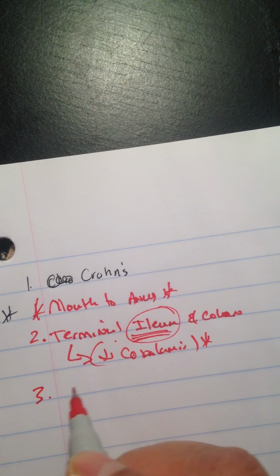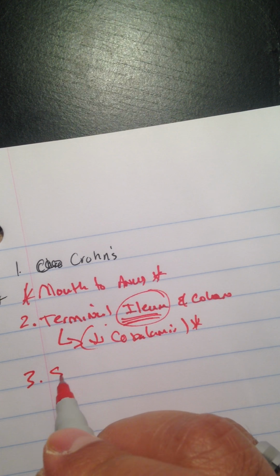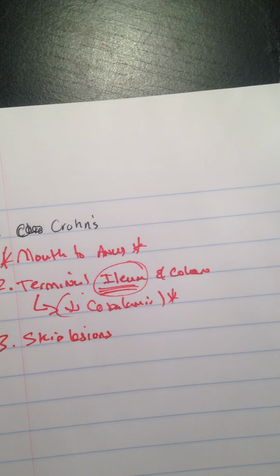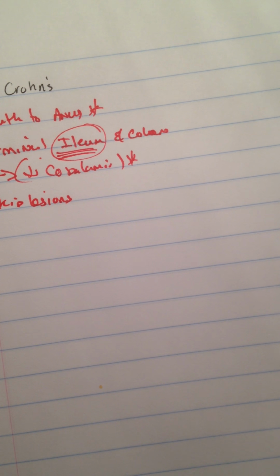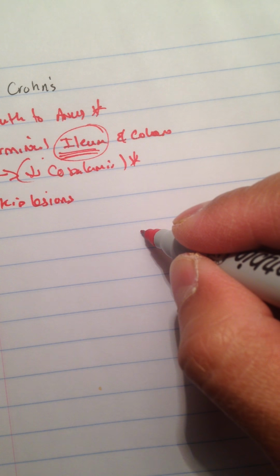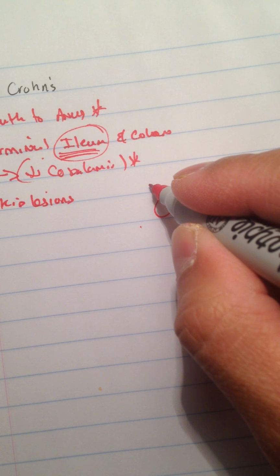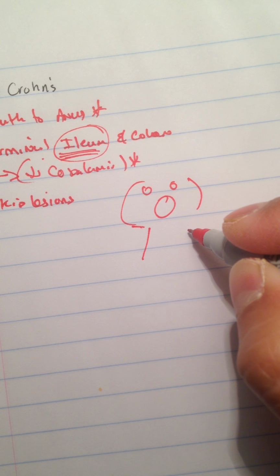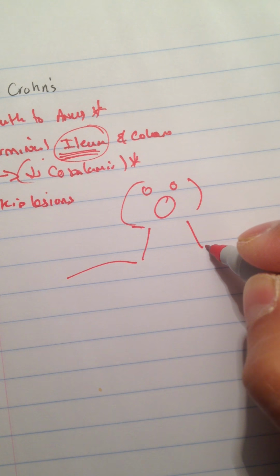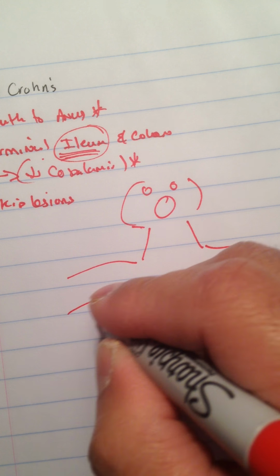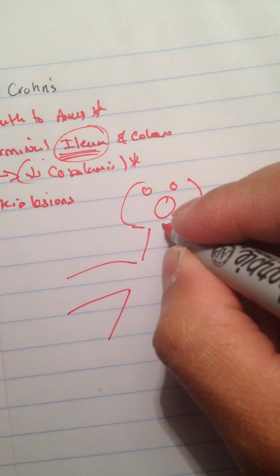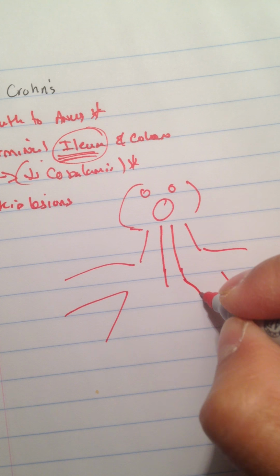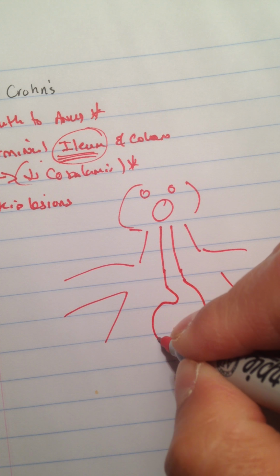Now, in Crohn's, there may be what are called skip lesions. So let me draw out a little bit of anatomy here. So here we have a person, eyes, mouth, neck, shoulders, so you have esophagus, and as always, stomach.